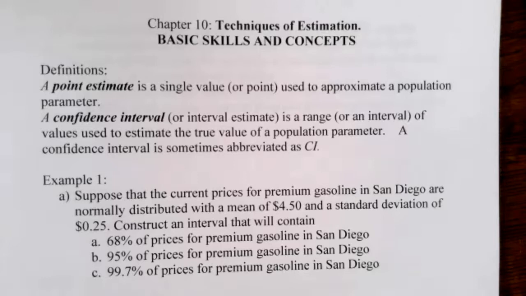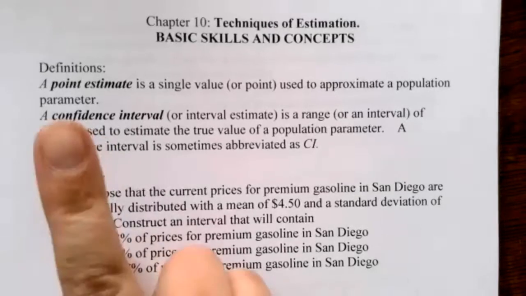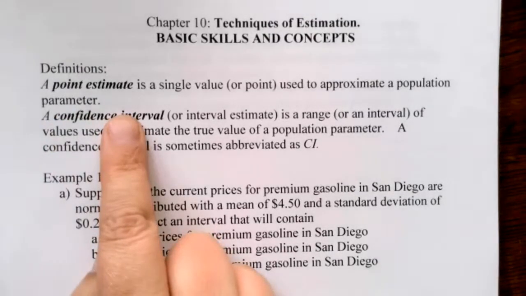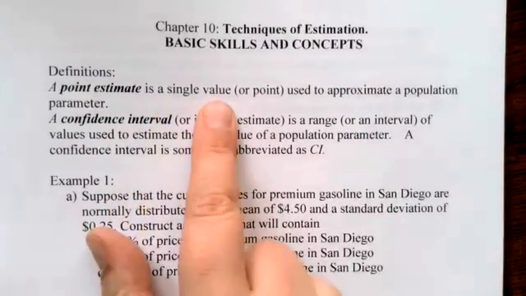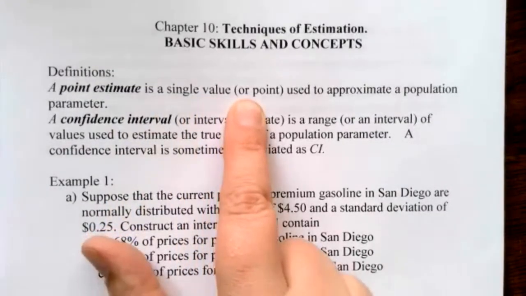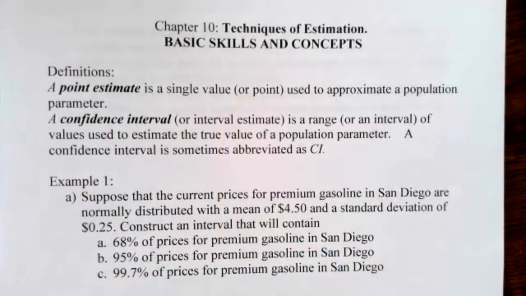That would be an example of a point estimate. So the point estimate is a single value or point used to approximate a population parameter. Now, the question is how accurate that estimation will be. Imagine that she comes with her truck and then she fills her tank with the gas.